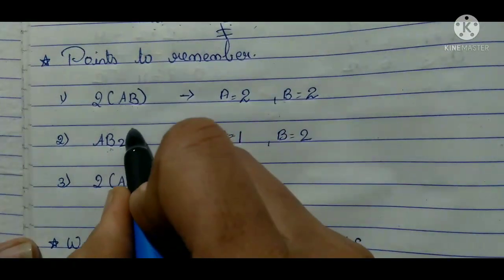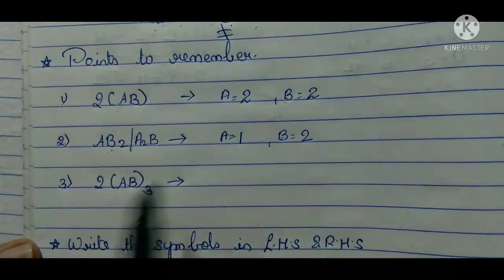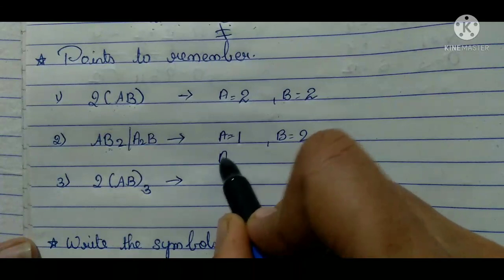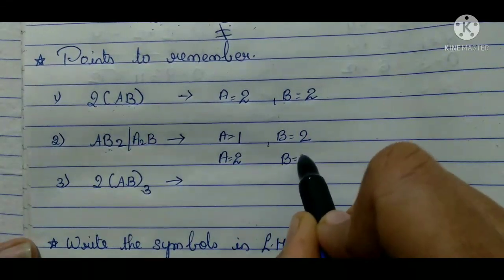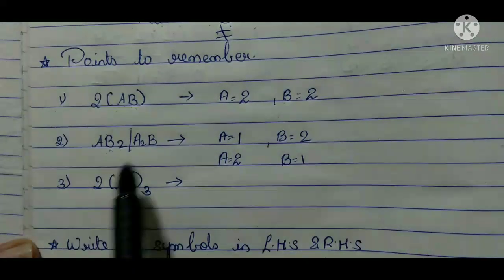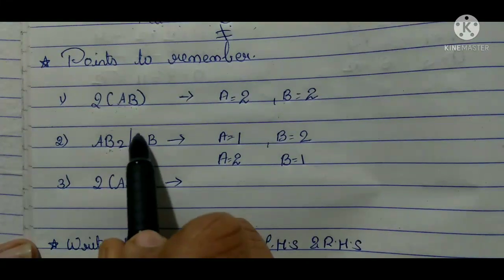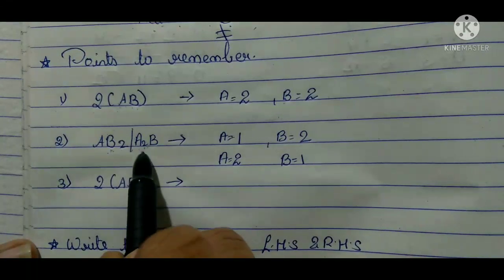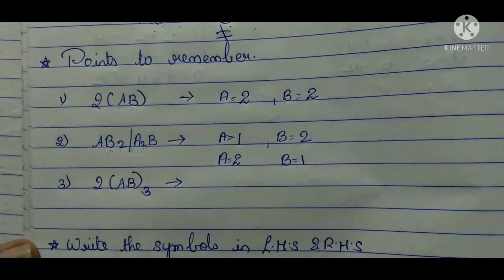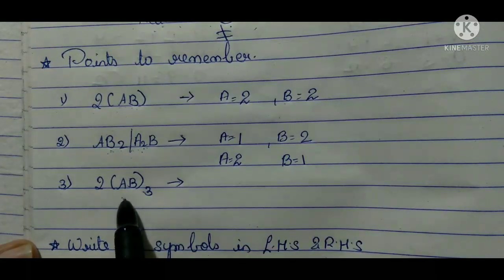If it is written like this, A2B, now how many A? 2. And how many B? B is equal to 1. So if any number is written below, towards your right side, that number is only for the element beside which it is written. Clear? Second point.